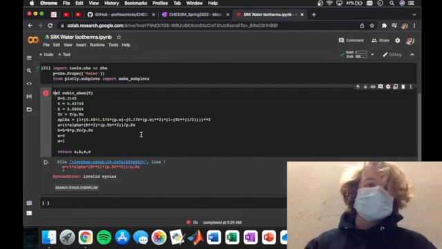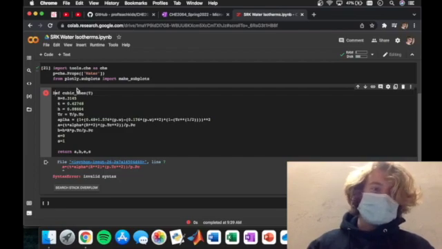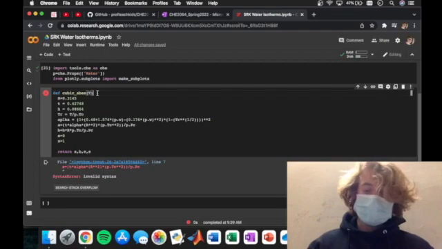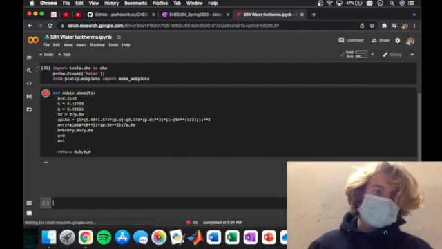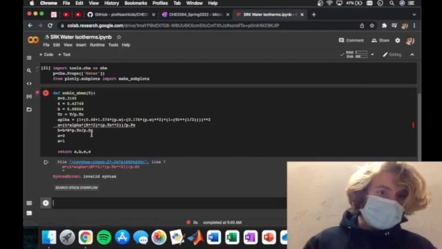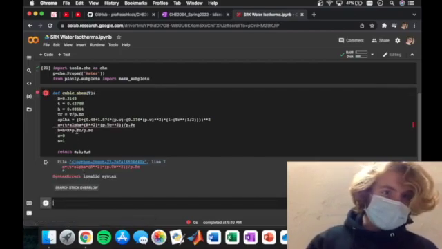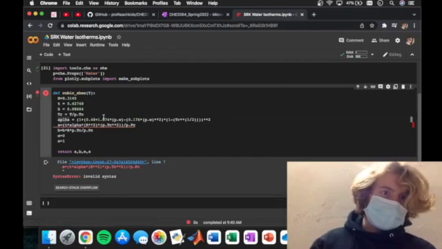Alright, so it turns out we did make a few more mistakes over here on this first function. First one was we need to make this a lowercase d so that it is defining the proper function, and we also need to include a colon over here so that it knows where the function is. Alright, so we're going to go ahead and run that. We did also make a typo over here.